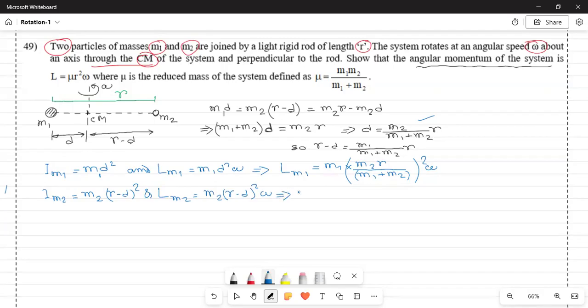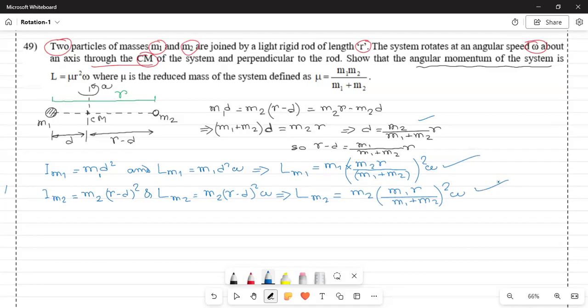From here we get the angular momentum of the mass M2 is equal to M2 multiplied by M1r divided by M1 plus M2, whole square, omega. So we have got the two angular momentums of the two different masses.